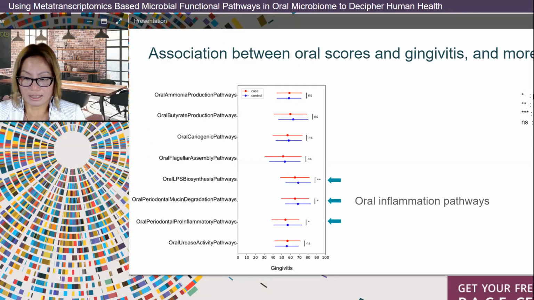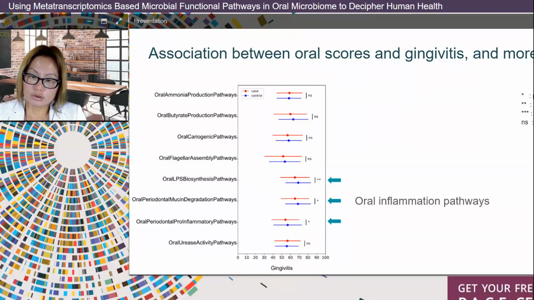At the bottom, the numerical value 0 to 100 represents the score range, and the x-axis shows all the 8 scores. The red is the case, meaning people who report having gingivitis. And the control? It refers to people who do not report any of these conditions.